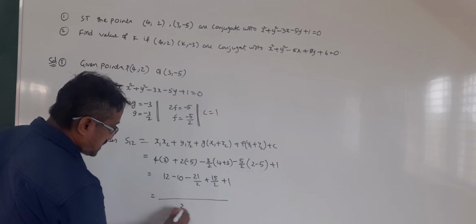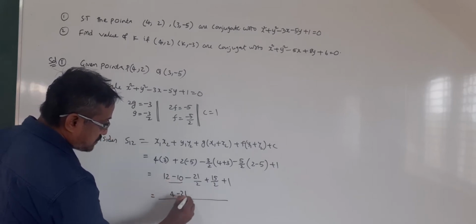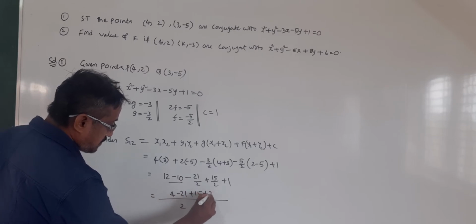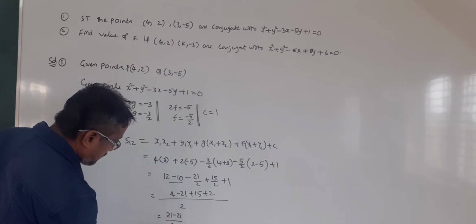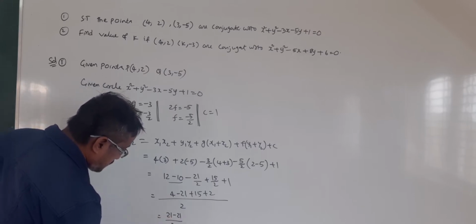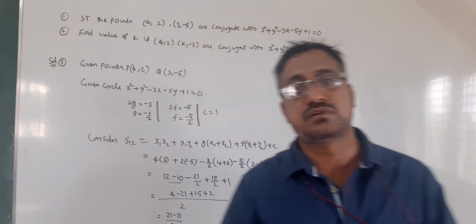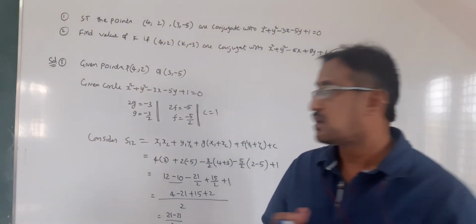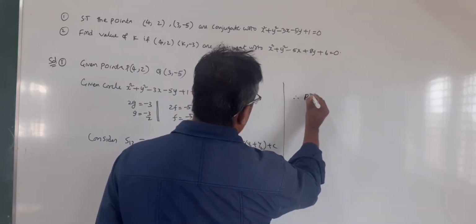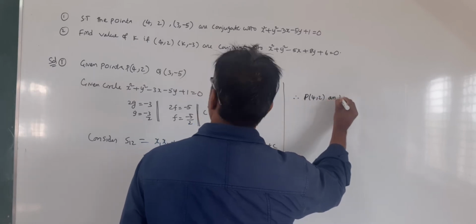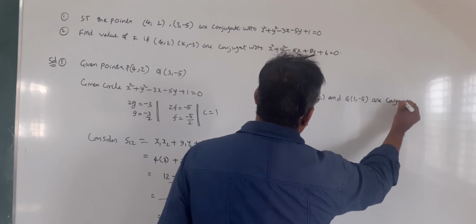So 2 is the LCM. 12 - 10 is 2, so 4 - 21 + 15 + 2, so you can see 21 minus 21 by 2. So S12 = 0. Now S12 = 0 means those points are conjugate points. Therefore P(4, 2) and Q(3, -5) are conjugate points.